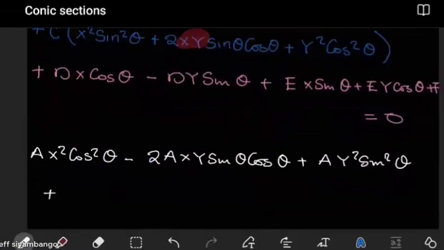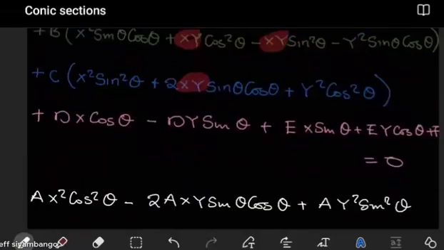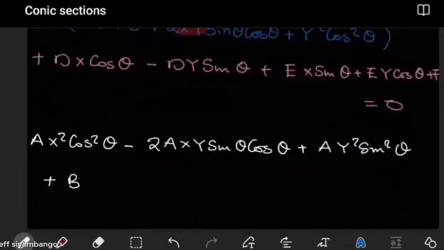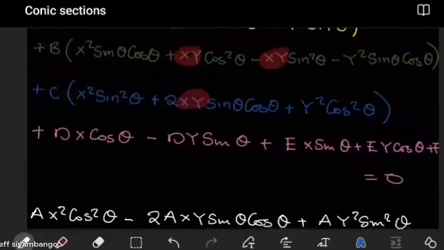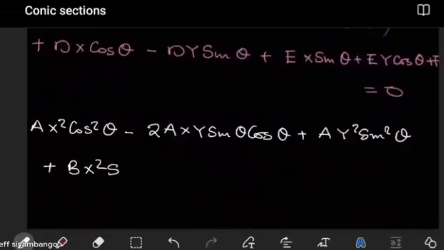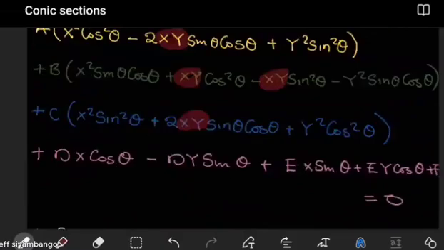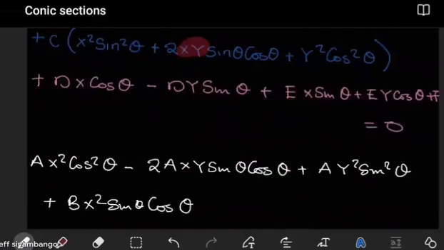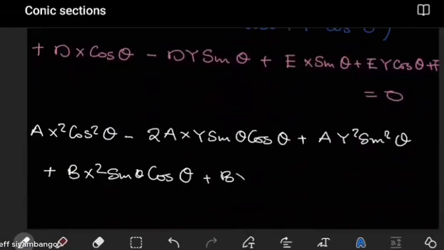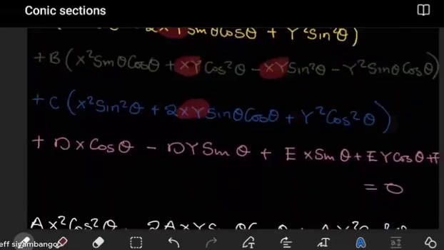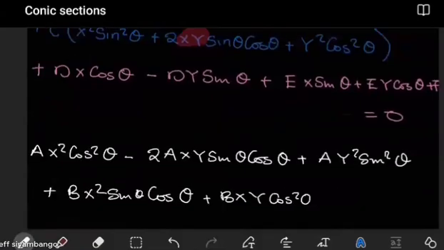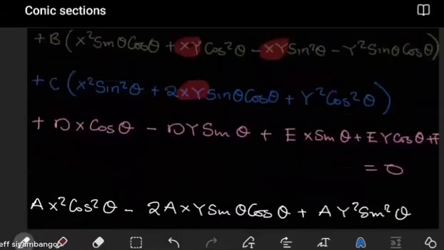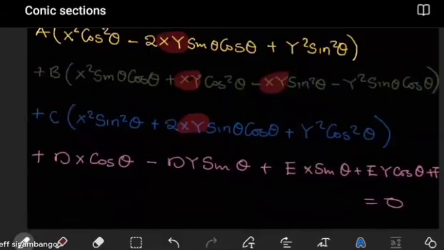Now I'll send the B inside. B, that will be x squared sine theta cos theta. And here again, B joins xy, and that is cos squared theta minus. Now we have B joins here, Bxy sine squared theta.